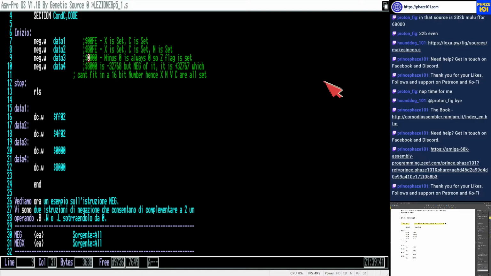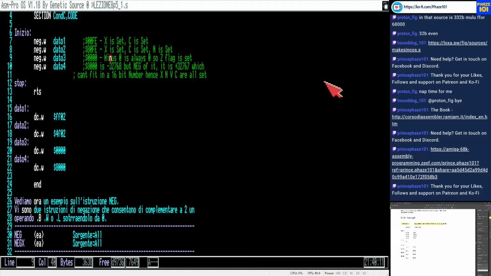The third one will be 0, and the fourth one will be a number that will not fit, and hence we will have the X, V and C flags set. In the others we will have the X and C flags set. In data 2 we will have X, C, and N set. X and C are a reflection of each other in this case.